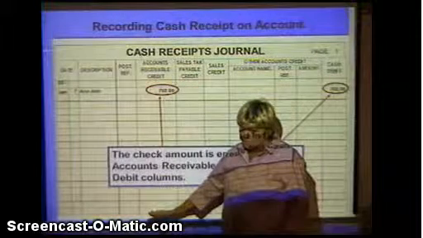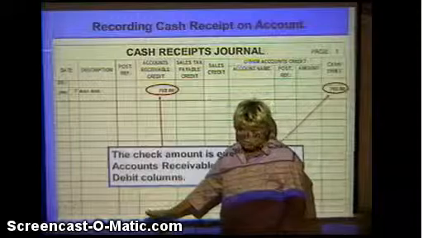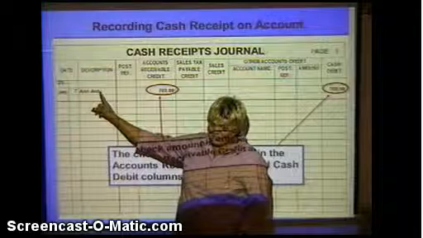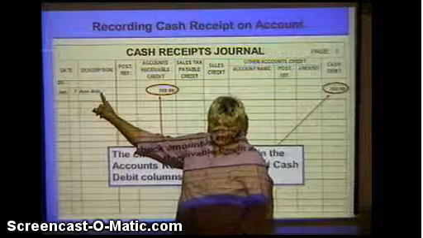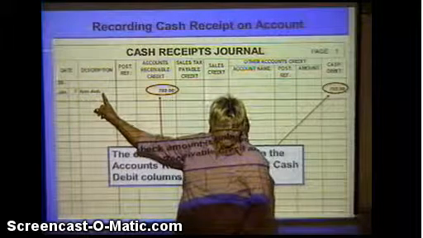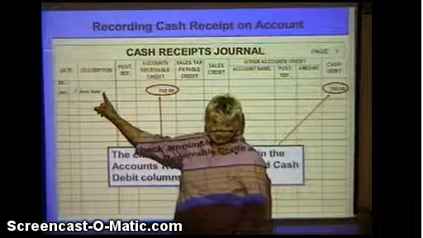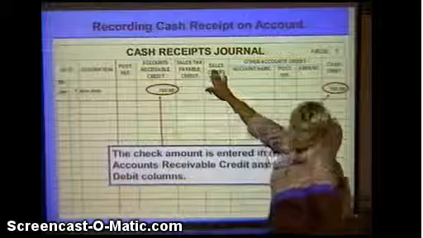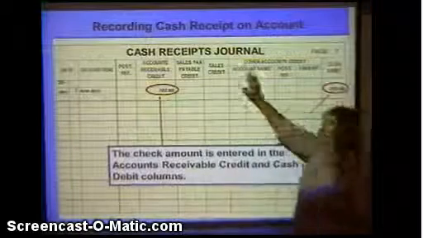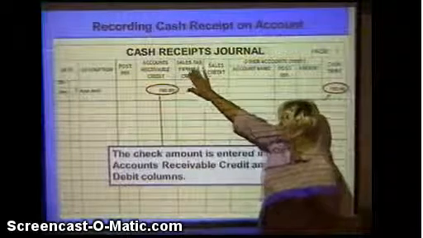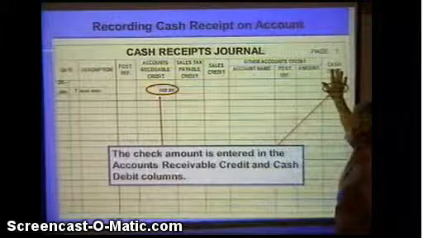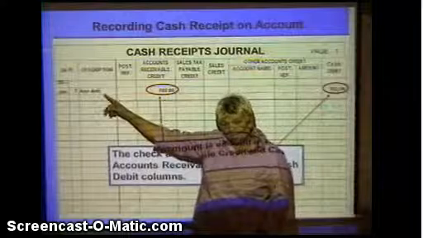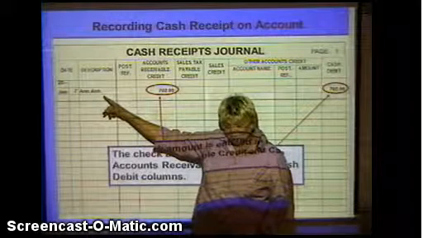However, since this is an individual with a subsidiary ledger account, we do post to the accounts receivable daily, only if it has to do with a separate account from what's in these columns. At the end of the month, we're going to post this column total, this column total, this column total, and this one. And then daily, to be sure this person's account is updated, we're going to post to their individual subsidiary account.